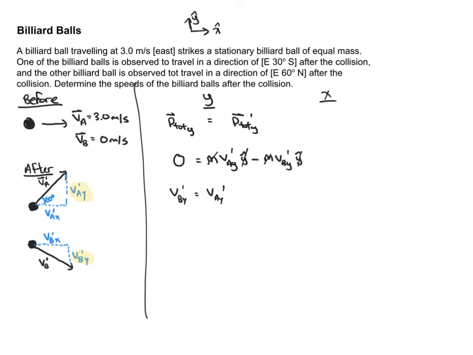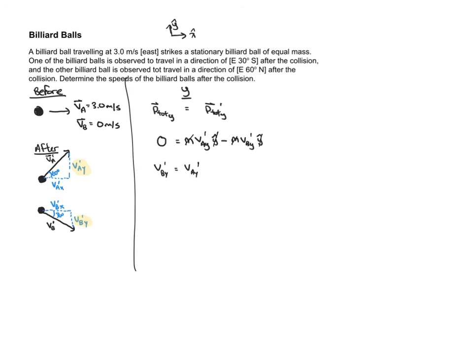Kind of complicated. It's not even done yet. We have to deal with trigonometry, SOHCAHTOA, because these are components as well. But I'm going to come back to it. I want to work a little bit on the x direction, which I need a bit more room for. Okay, in the x direction, same thing.